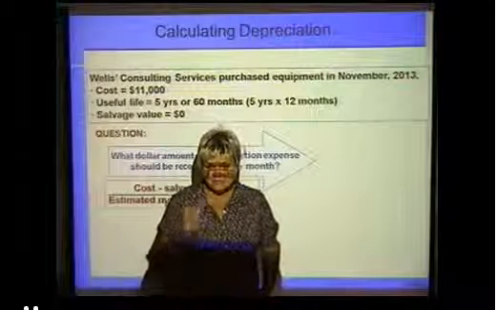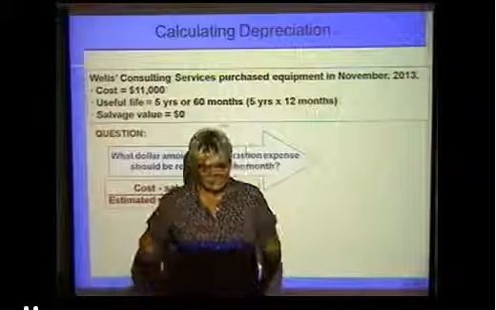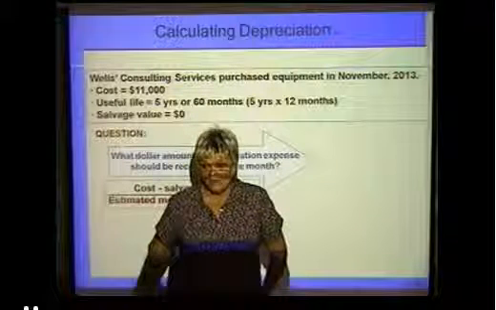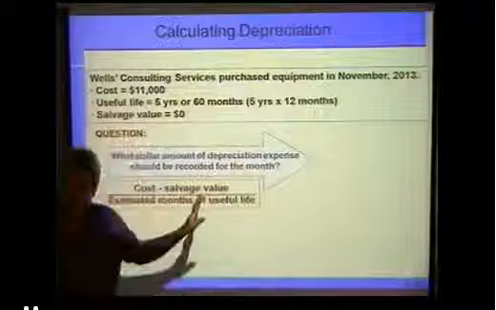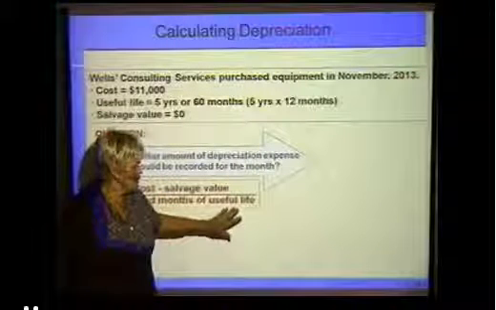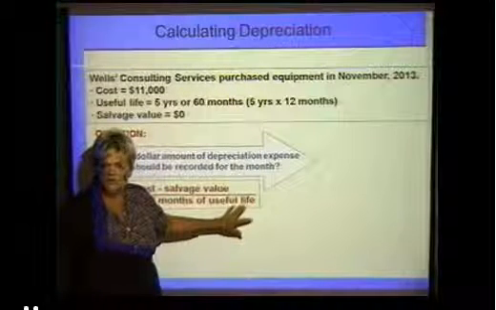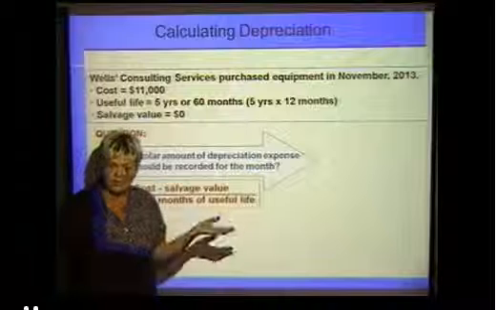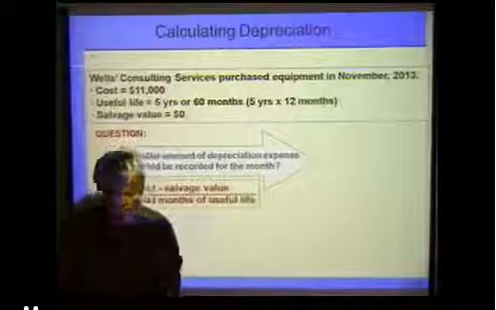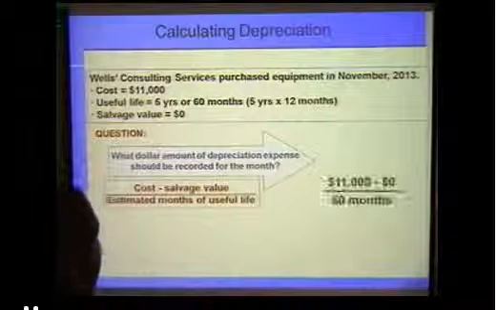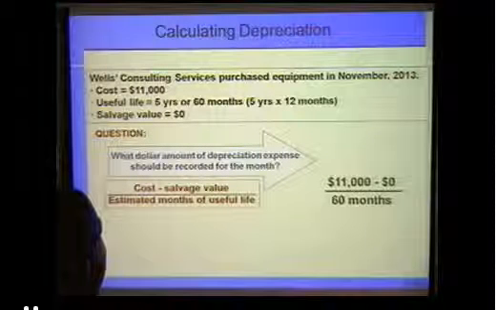So right now we're just going to use cost less salvage value, and the manufacturer will give us our useful life. In this case, we purchased equipment that cost $11,000, and they're telling us that the useful life on this equipment is 5 years.